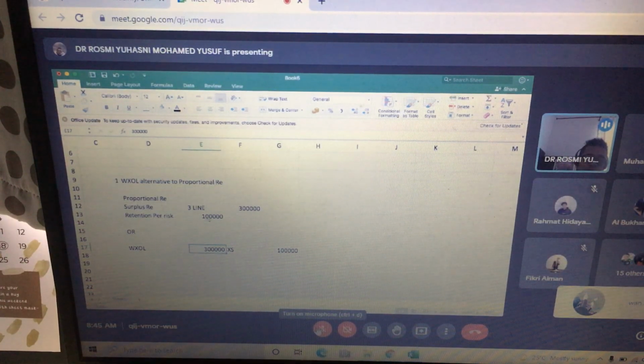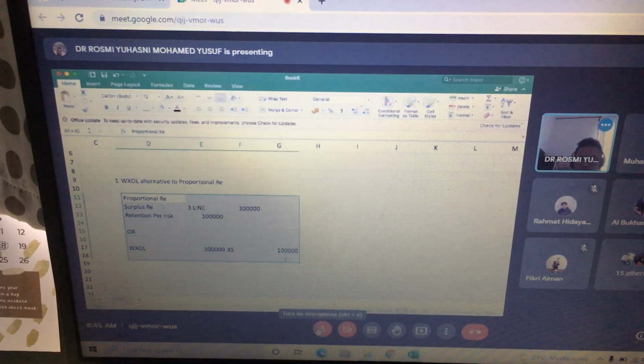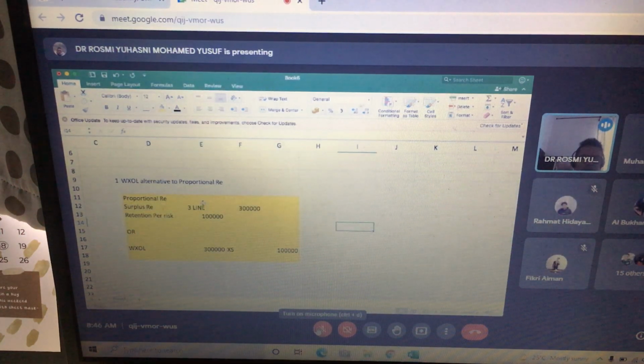And for surplus, if insurer retains 100,000 per risk, they will also retain each and every claim up to 100,000. So it is similar, sama. Both will achieve the same objective. So kenapa nak guna proportionary? Kenapa nak guna working excess of loss?